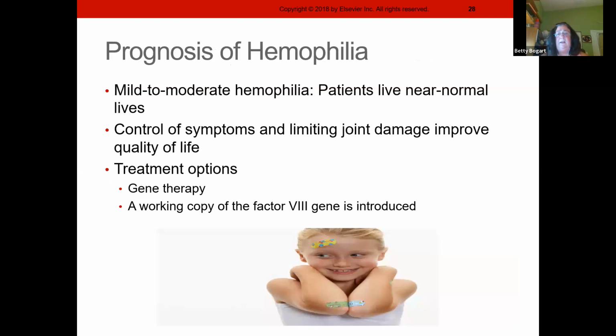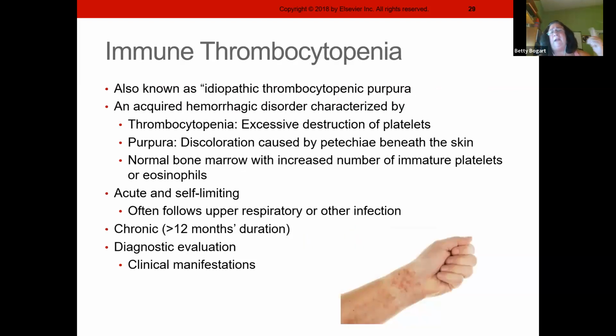And as I said, as soon as they have these bleeding in their elbows, their joints, their ankles, wherever, give the factor because we want to prevent that joint damage. We don't want them to be in a wheelchair later on because blood is really caustic to those joints and it will cause damage. And then they're not going to be able to walk. I mean, there is some gene therapy that's going on, but it's not completely ready yet.